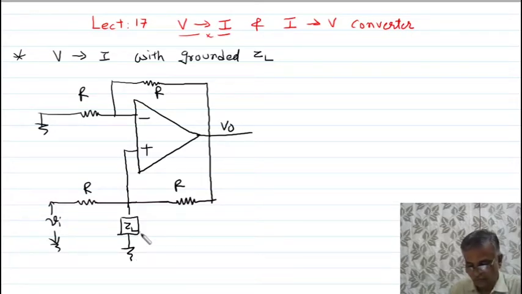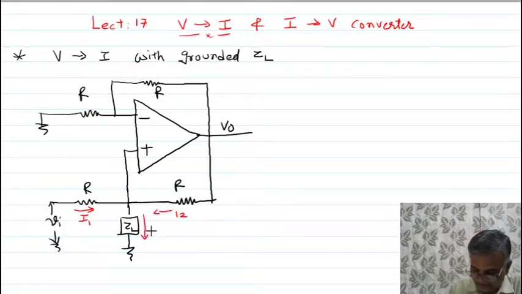Now we want to show that the current passing through ZL depends upon the input voltage, means it is proportional to VI. It's very simple; you can do this mathematics. Say current I1 is flowing here, I2 will flow in this direction, and IL will flow through ZL in this direction.